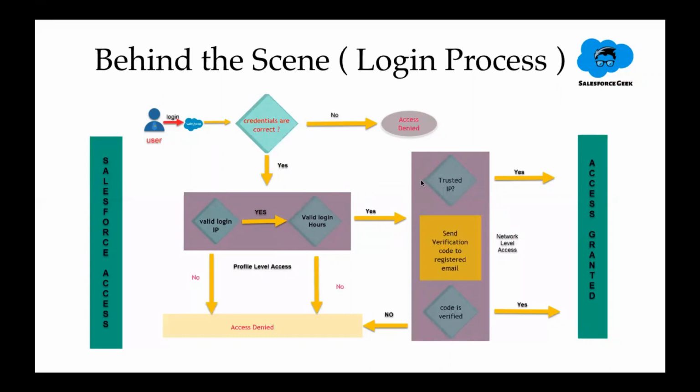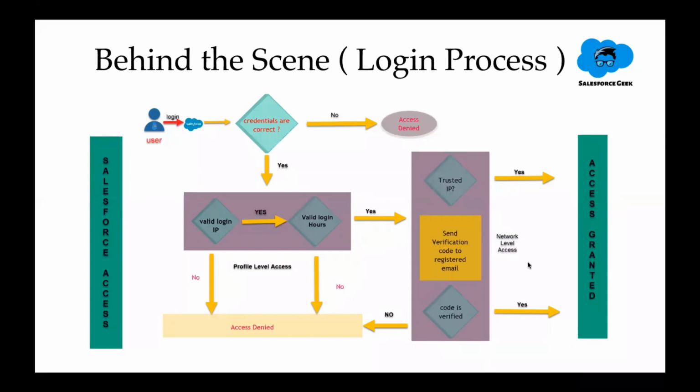Yep, go ahead. This is Ram, sir. If I don't want to send a verification code to my registered email ID, how can I do this? You don't want the verification code sent at all, even on a mobile phone, right? Then you have to add your IP address at the network access level.